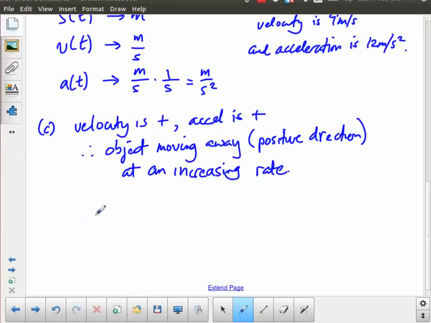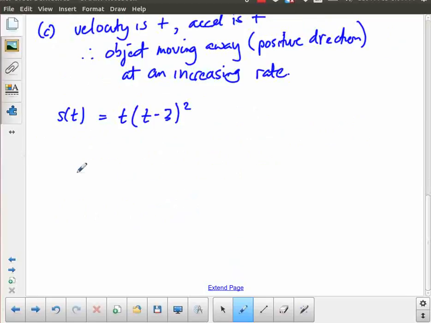And if we go back to that graph that I talked about, so that would be S of t is equal to t times t minus 3 all squared. A very quick sketch of this graph. There's my t, there's S of t. I'm going to have zeros at t equals 0 and at 3.